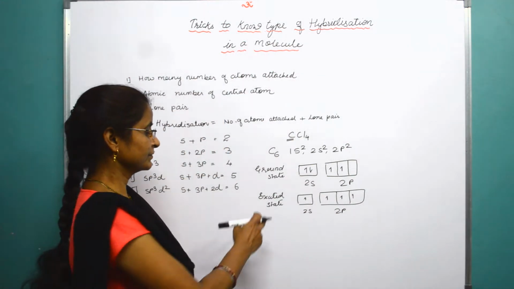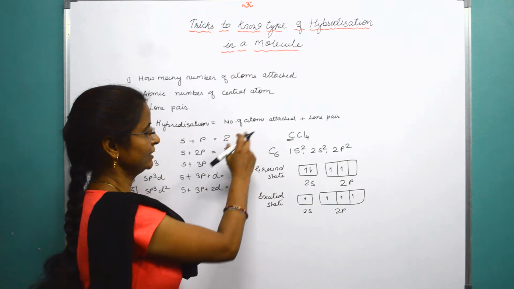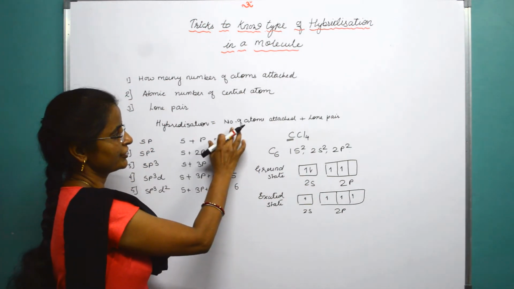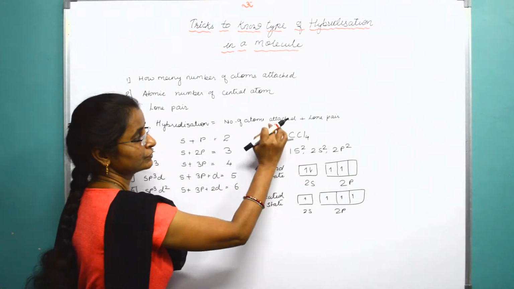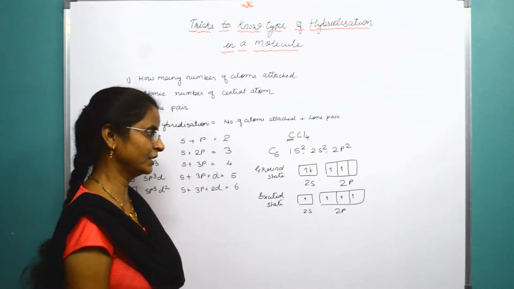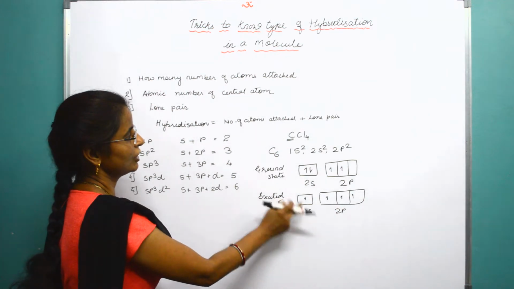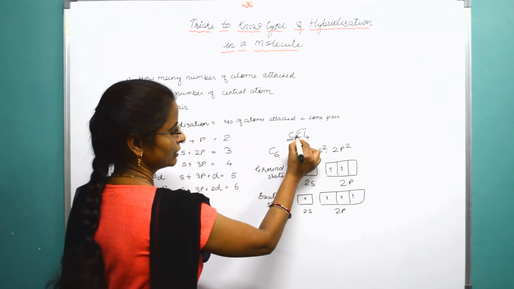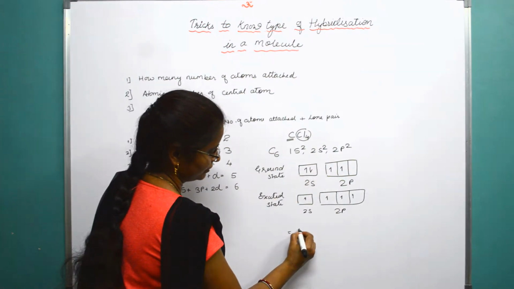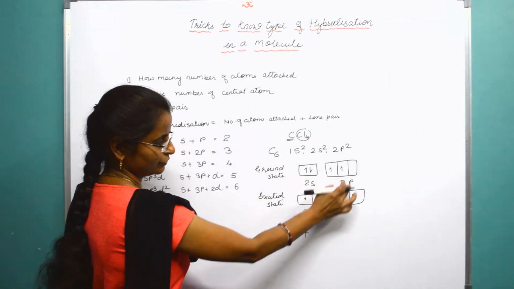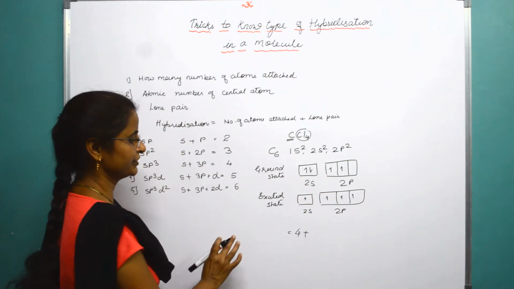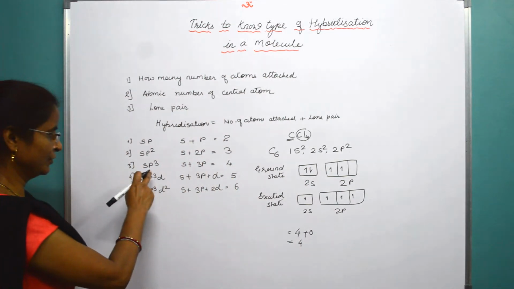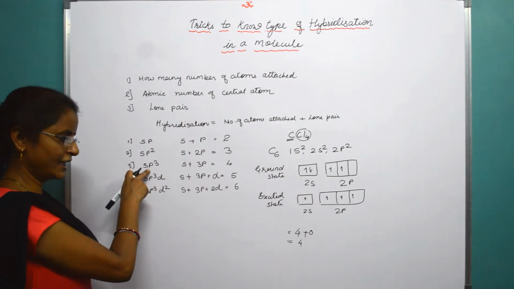Now with the help of this formula we can easily know which type of hybridization is present. Hybridization means number of atoms attached to the central atom plus lone pairs of electrons. Here, the total number of atoms attached to the central atom is 4, plus there is no lone pair of electrons, so 0. The answer is 4, and 4 corresponds to sp3 hybridization.